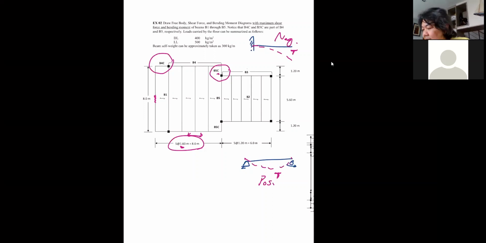So by giving it a name like B5C, to remind myself that this is the cantilever beam, I will always be aware that tension is up top, and you should generally have more reinforcement up top than at the bottom, because that's where the tension is, and concrete cannot take tension. And for a general simple beam with positive moment, it's a typical case where tension is at the bottom, so the reinforcement should be more at the bottom than at the top.